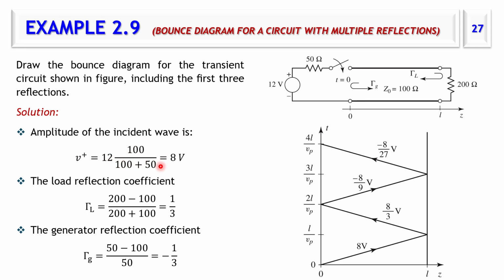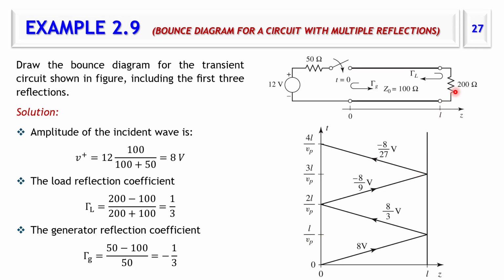So 12 times 100 divided by 150 is 8. The load here is Z naught, the characteristic impedance, ZG is the source impedance, and the potential is 12. So at this point, we are launching a forward wave of 8 volt. It will reach the load at a certain point in time equal to L over VB.